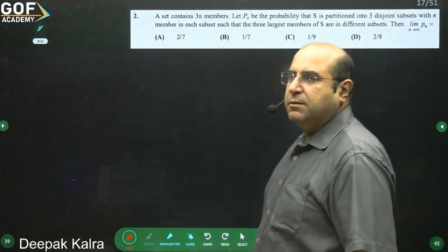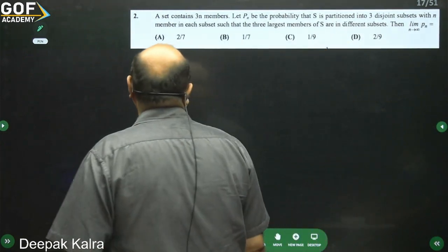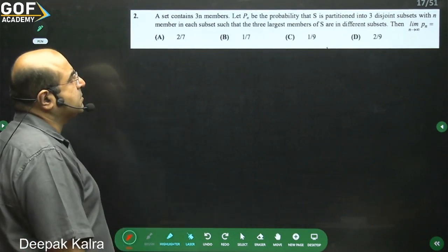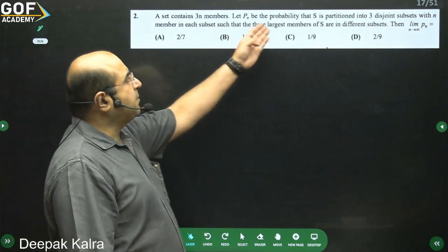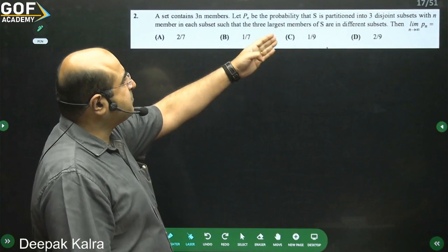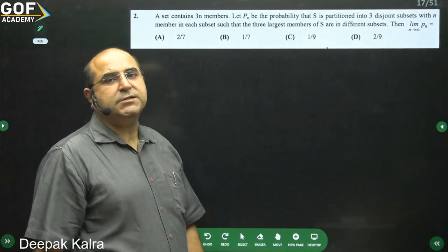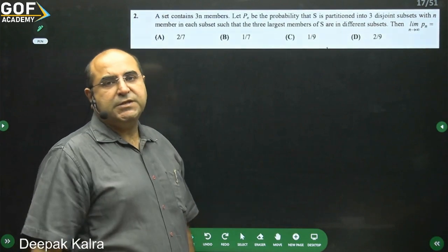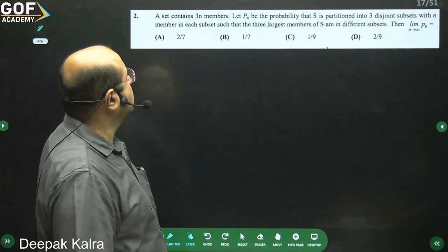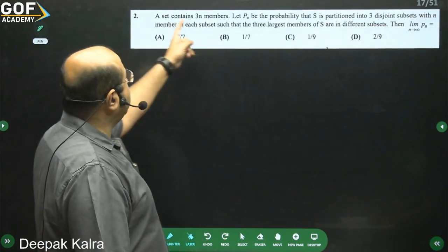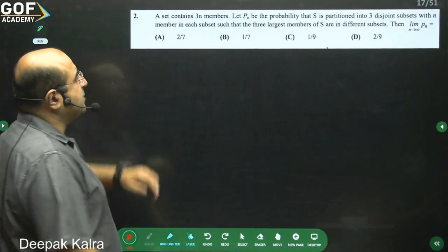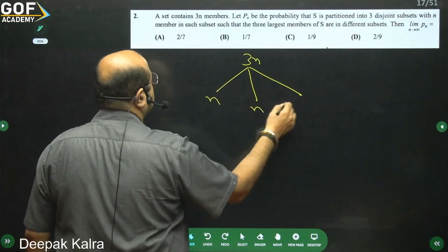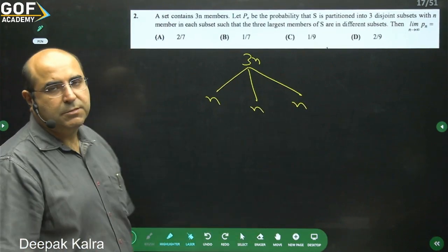Next question comes. A set contains 3n members. Pn is the probability that S is partitioned into 3 disjoint subsets, means you are making 3 separate sets which are not having anything common, with n members each. So 3n has to be partitioned into groups of n each.